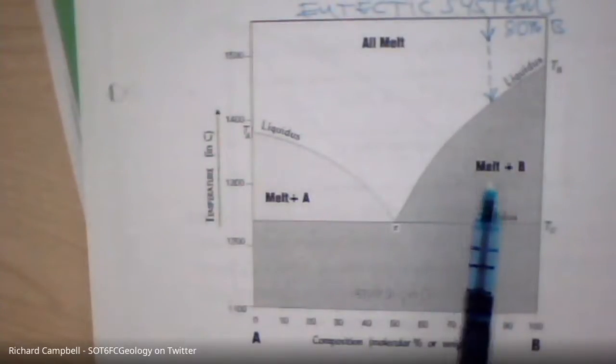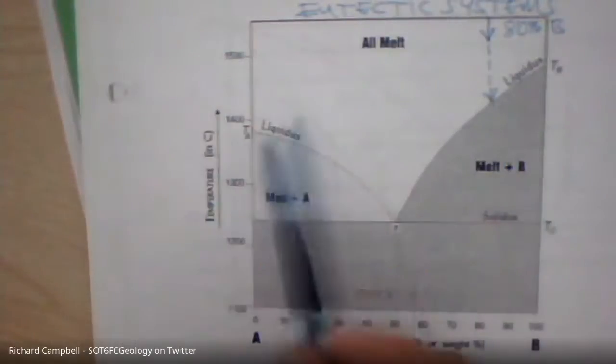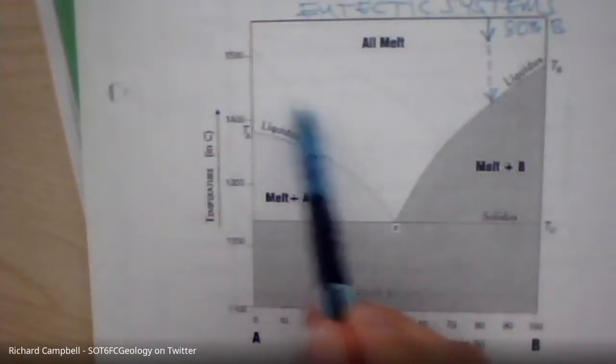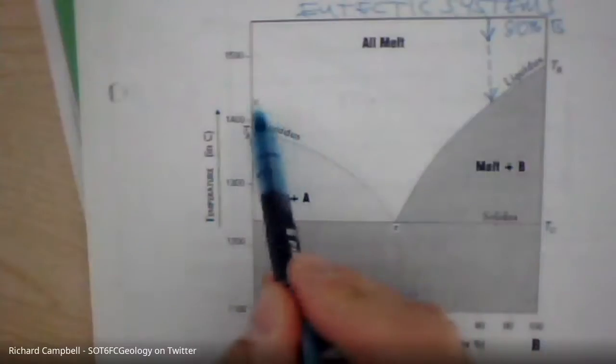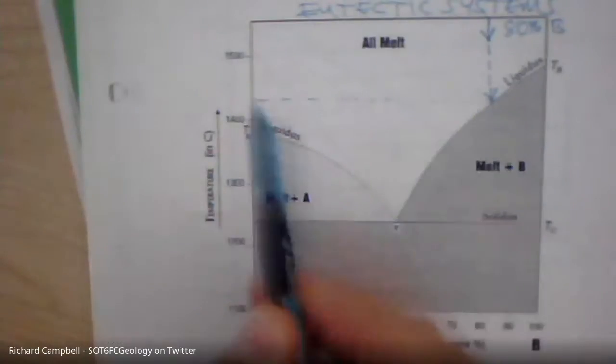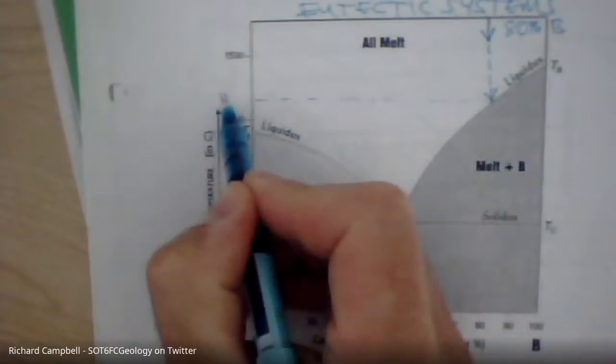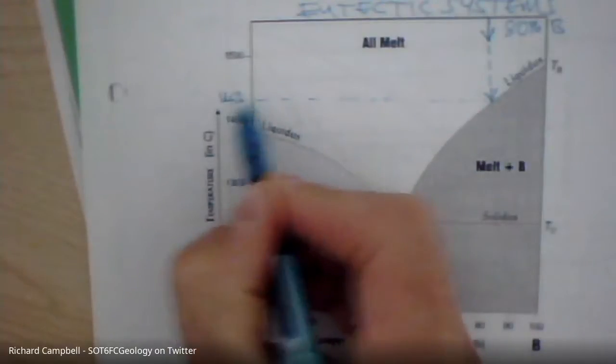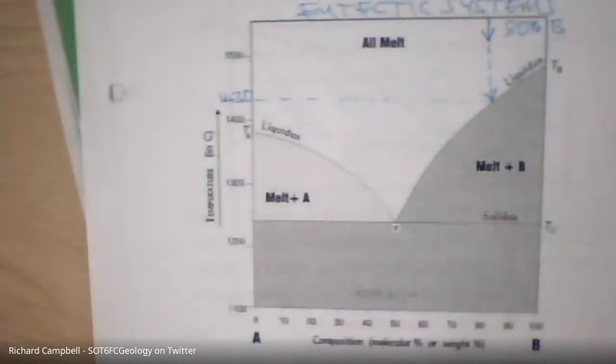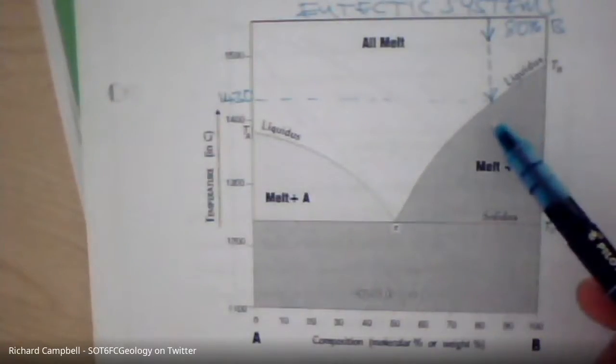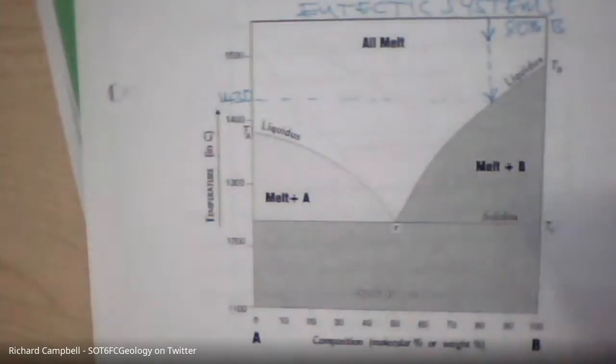So what we have at this temperature here, that's about, say, 1430 degrees Celsius. At about that temperature, crystals of B start to form.